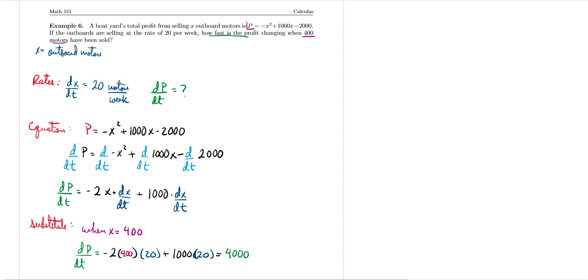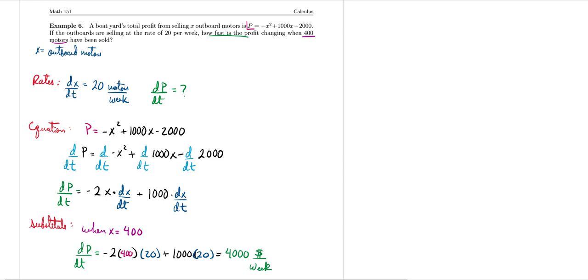I guess there were no units for the profit here, so I guess it would have been dollars per week. So if you're selling outboard motors at a rate of 20 per week, then your profit is changing at a rate of $4,000 per week.